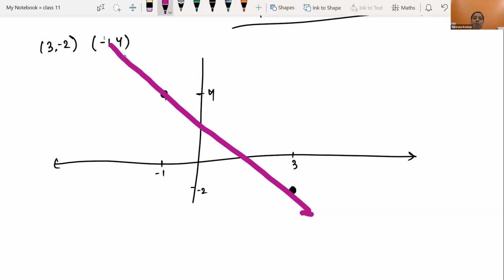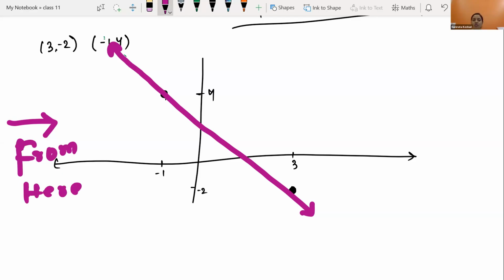We start moving from this side and notice the pattern of the line. The line is up, and then as we move, we notice it going down and down. Can you see that? Yes, ma'am. That's why the slope is negative.